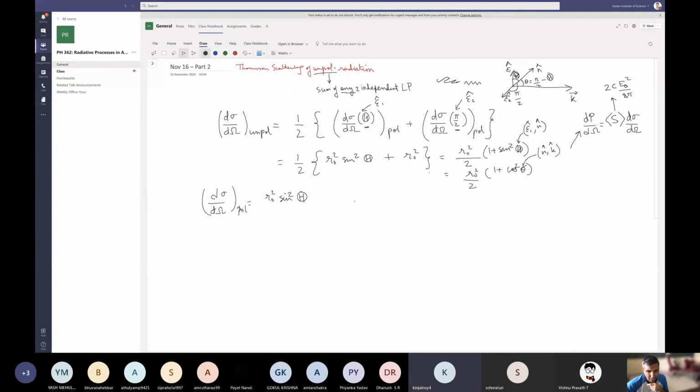Sir, here the total cross section will be more? Let's come to that. It is actually the same. dσ/dΩ due to unpolarized light is equal to r0 squared by 2 times (1 plus cos squared theta). This is small theta, that's capital theta.